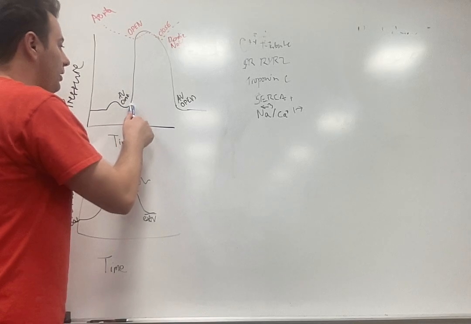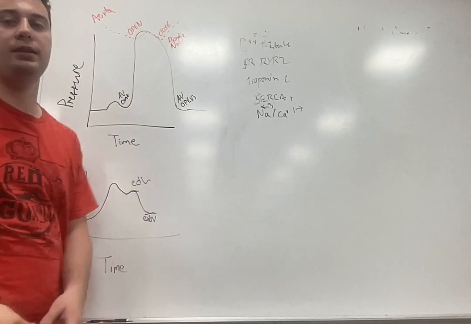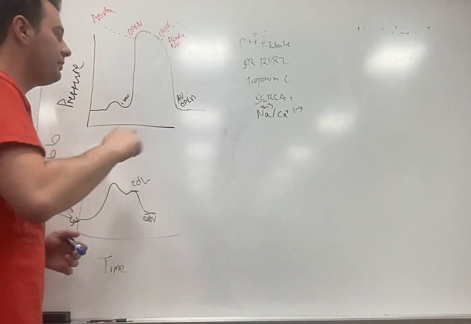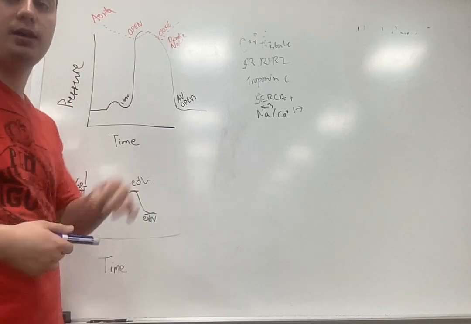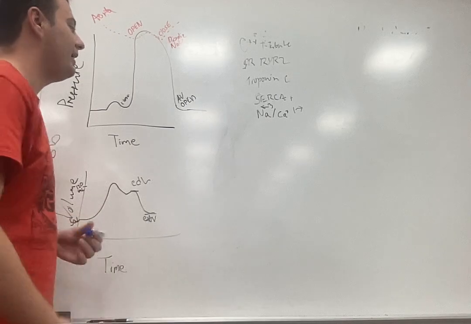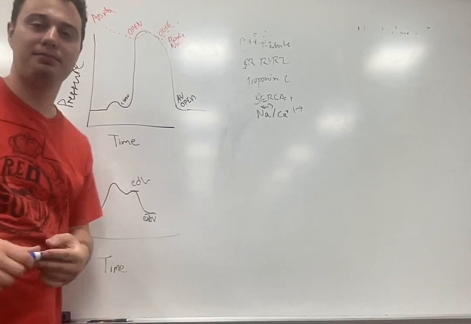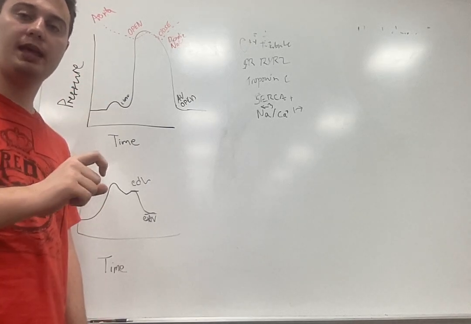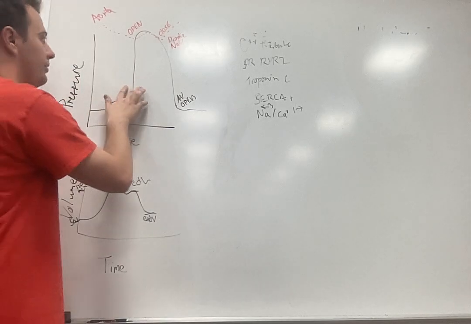But here we have this massive spike when the bicuspid valve, the valve between the left atrium and the ventricle, has closed now, and the ventricle will begin to contract.